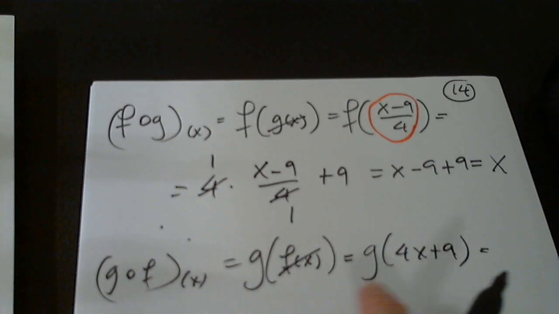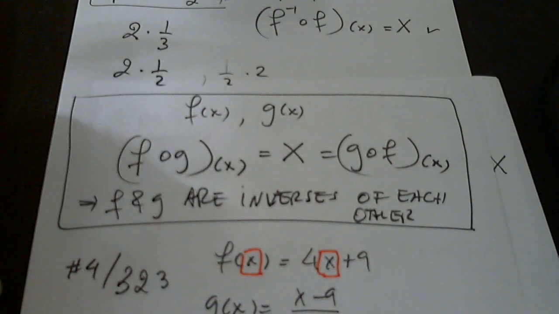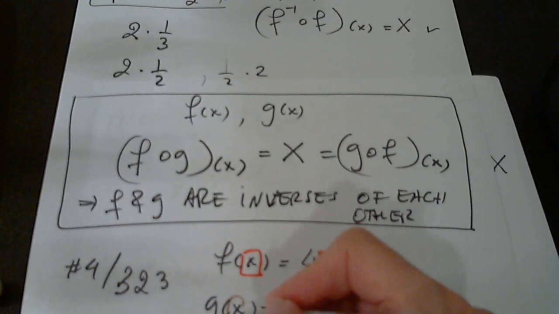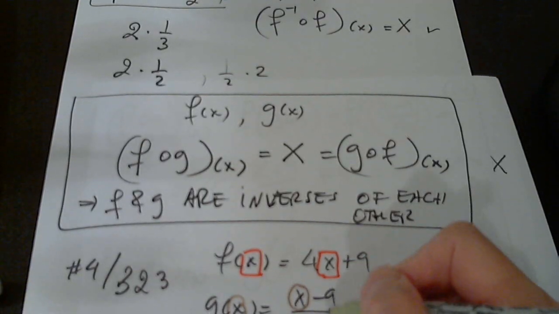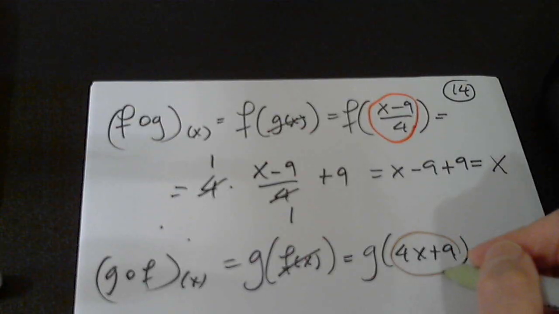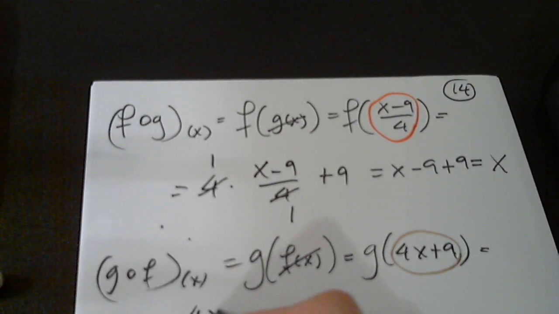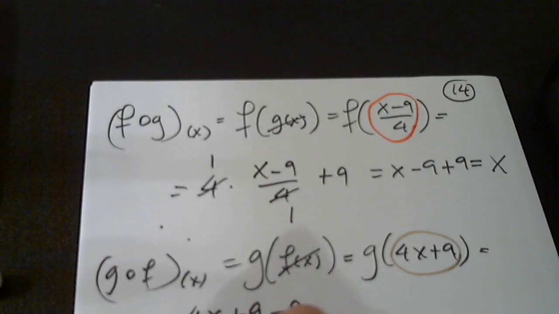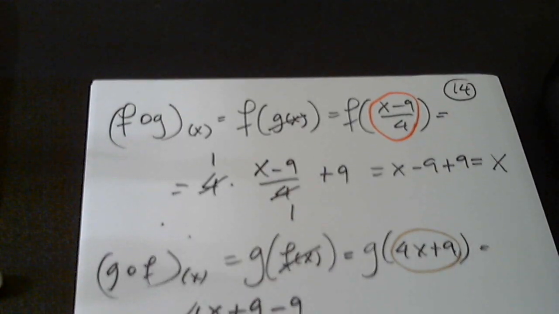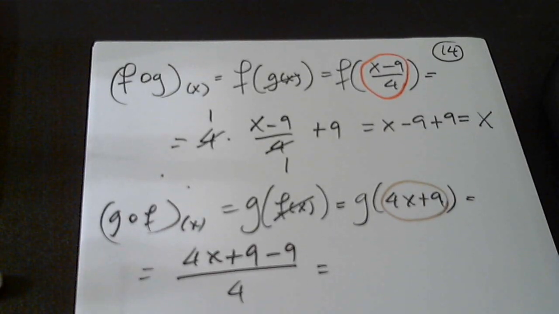Now I carefully look at g. What does g say? g of blah equals (blah minus 9), everything over 4. This is my blah now. So (4x plus 9 minus 9) over 4. How will you simplify this first?